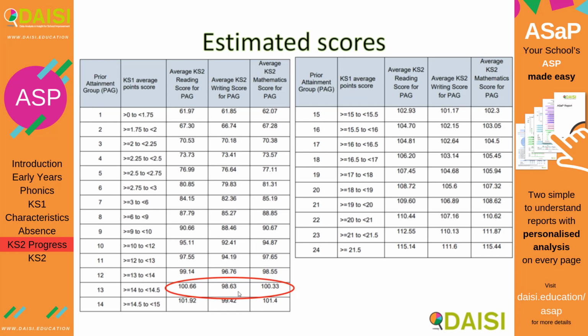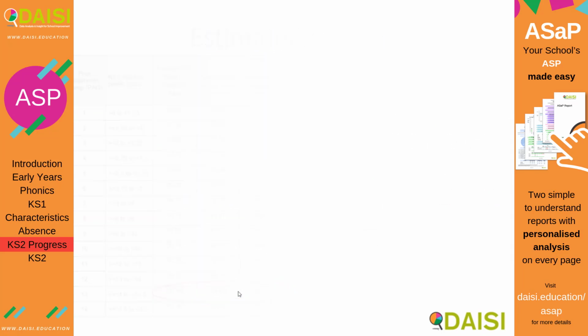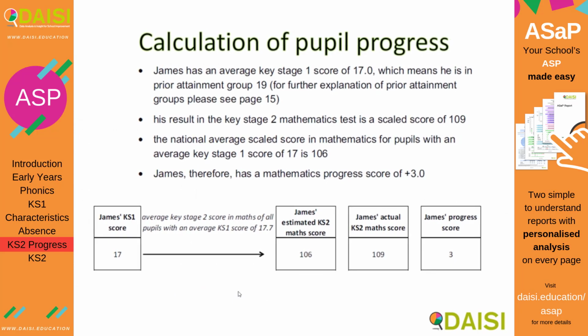These pupils were, say, 2B for reading, 2B for writing, and 2C for maths. So your progress score is the difference between your scaled score and the estimated score, the national average. So if we go back to our previous example and change his Key Stage 1 score to 14, then we can see his estimated score changes, so his progress score is now 8.67.